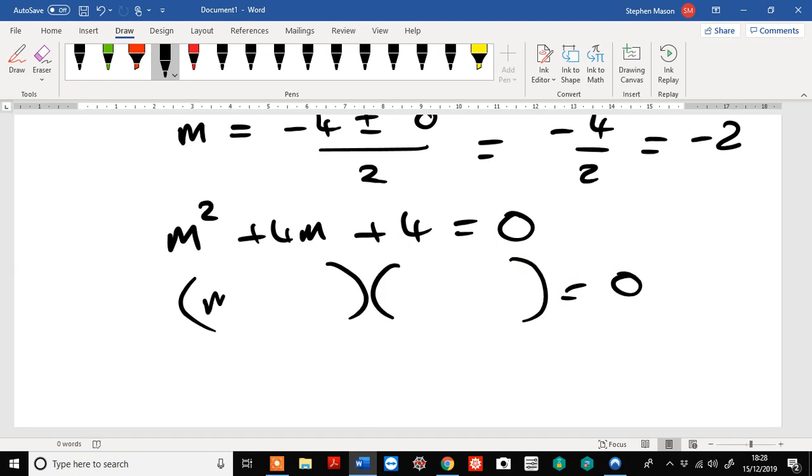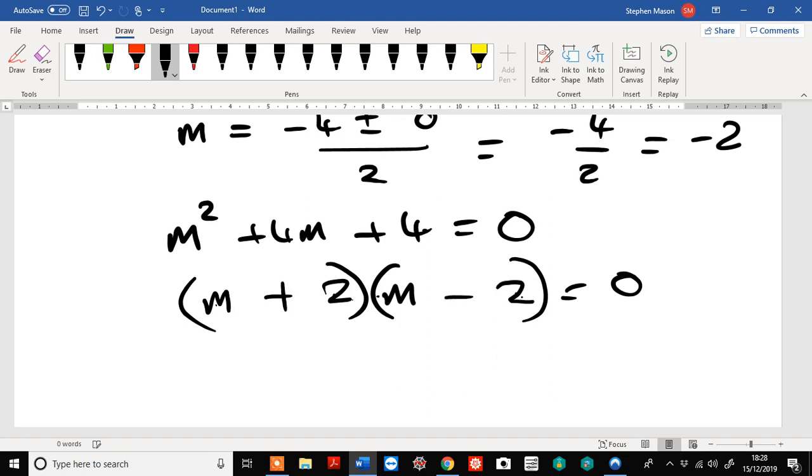So we've got m and m there. 2 times 2 gives 4, and 2 times m plus 2 times m gives you 4m.